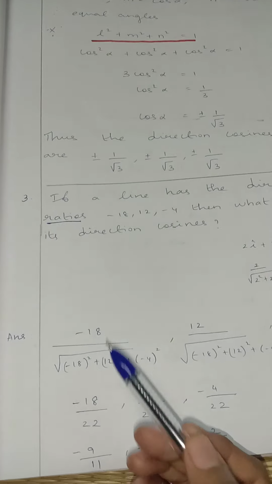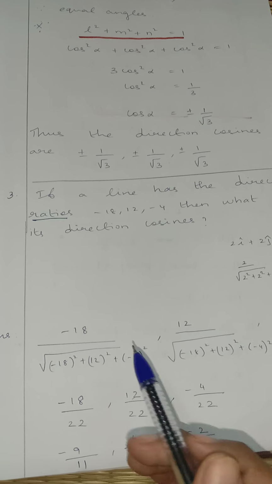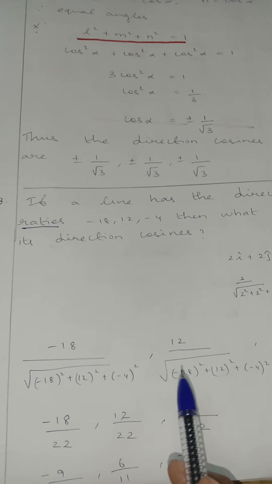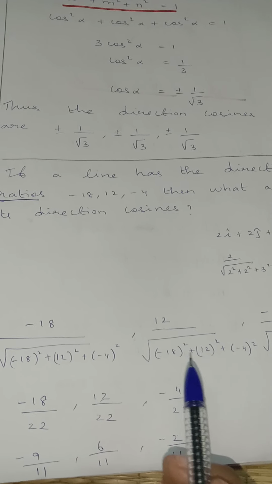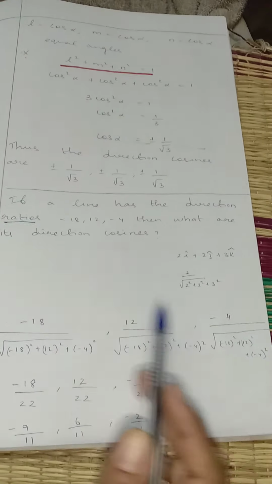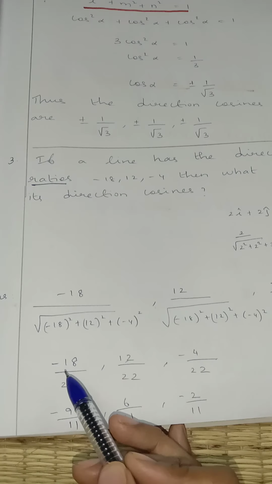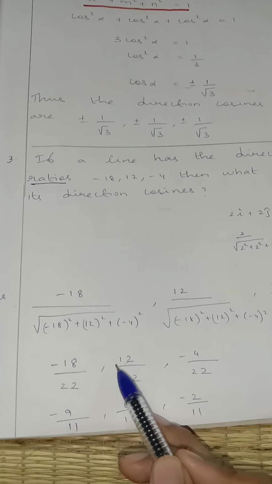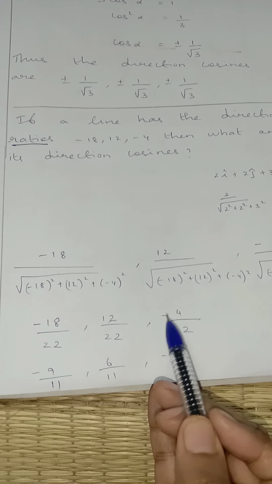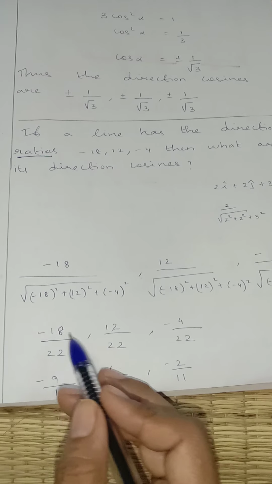So minus 18 by root of 18 square plus 12 square plus 4 square. Then you have 12 by root of 18 square plus 12 square plus minus 4 square, minus 4 by root of this value, right? So you are getting minus 18 by 22, 12 by 22, minus 4 by 22, and you can cancel this, right?